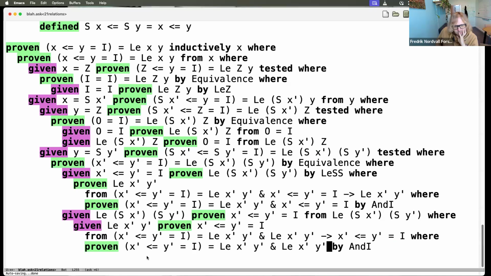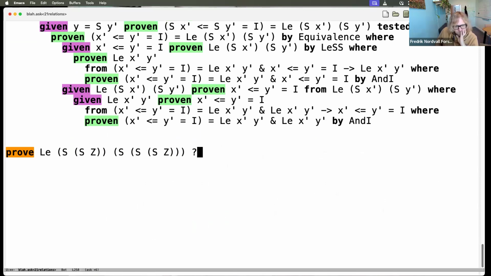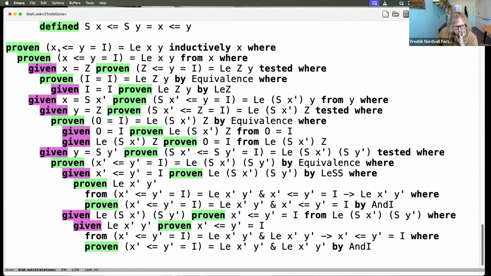It might be nice to finish by saying, let's do another proof of actually successor of 0, 2 is less than or equal to, I'm just picking one that we didn't already do, 2 is less than or equal to 3. Right. And what am I going to do? I'm going to make use of this fact.